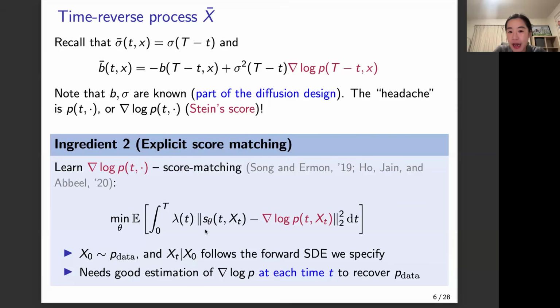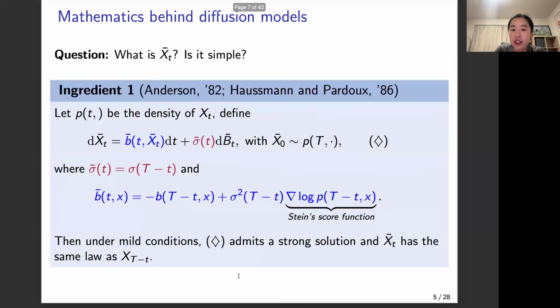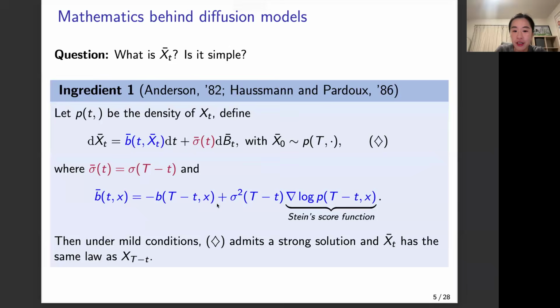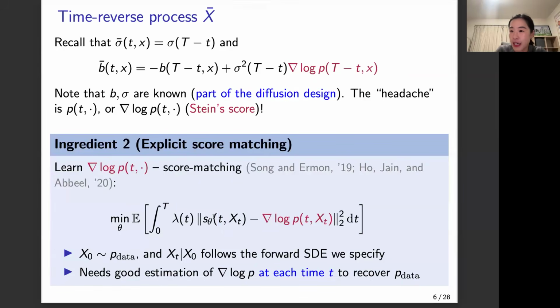Another comment I want to make is that t is also an input to this function, because we need a good estimation of the Stein score function at any time t in order to follow the right trajectory to recover the data that we want to simulate. So t is a very important input to this functional class, the neural network architecture, for example.